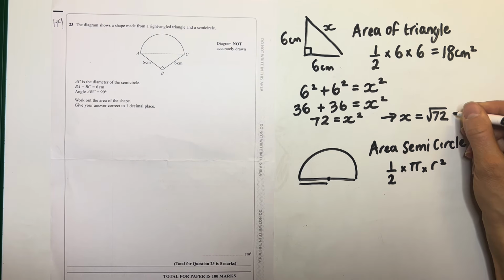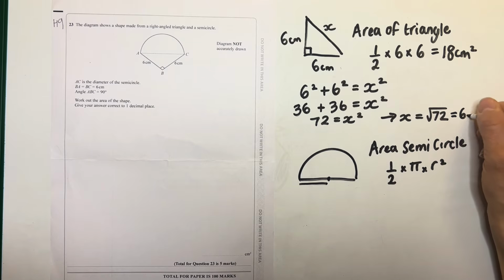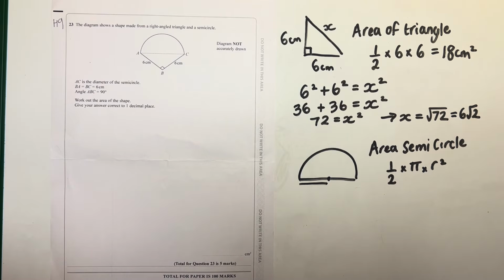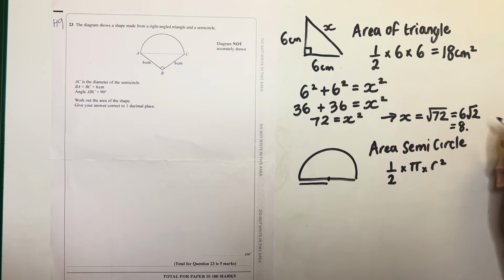For those doing the higher paper, you might like to write this as 6 square root 2. But it's also okay to write this as 8.485.